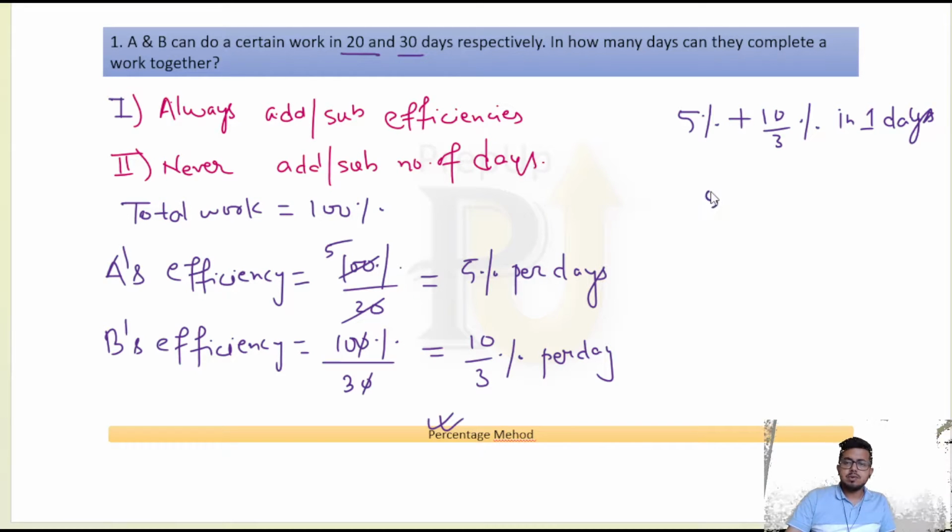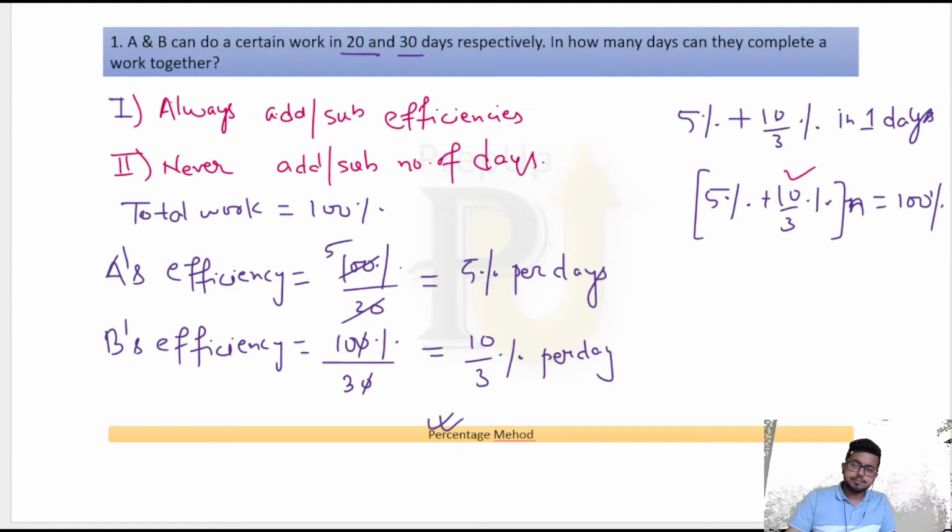So we have to multiply this by the number of days they take to get 100% of the work. This is where it becomes difficult, because 10 upon 3% is cumbersome and quite lengthy to calculate.